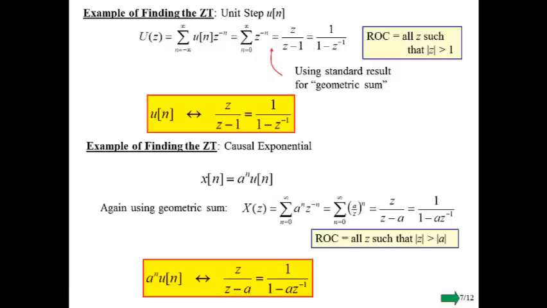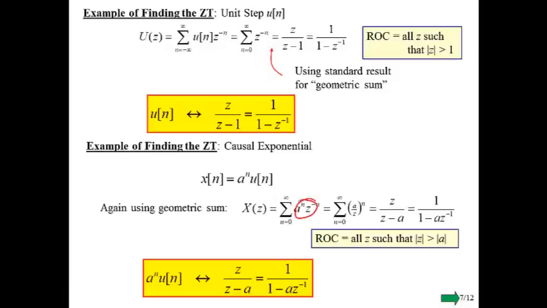If you go back and you look at the DTFT for such a signal, we had a constraint that a had to be less than 1. But now we're just going to say, well, a can be any number, and we're not even limiting it to being a real number, although for our uses we don't have any need really to talk about it being anything but a real number. So let's say a is a real number.